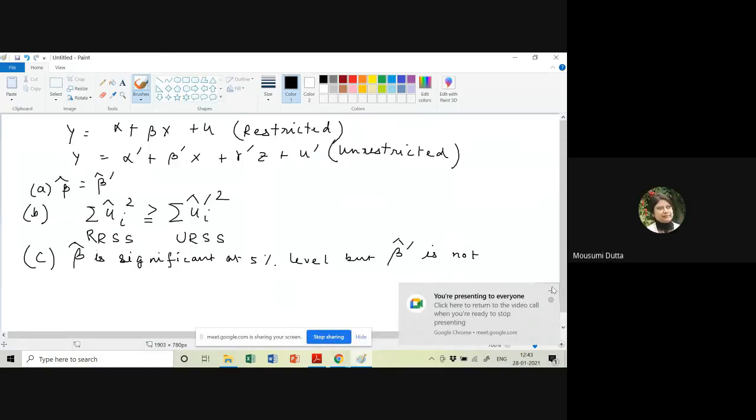Why do you think so? Beta prime is a partial regression coefficient. Beta hat prime is a regression coefficient which is based on the partial correlation coefficient.